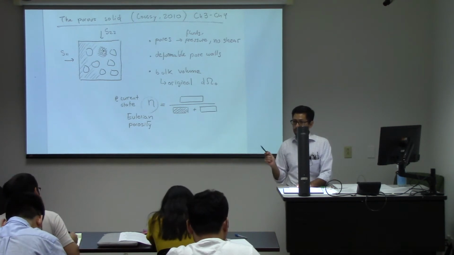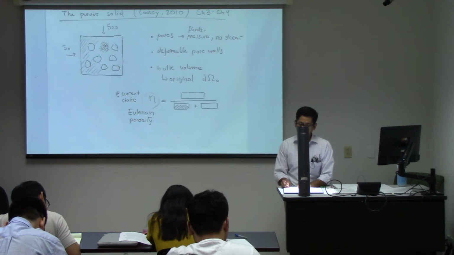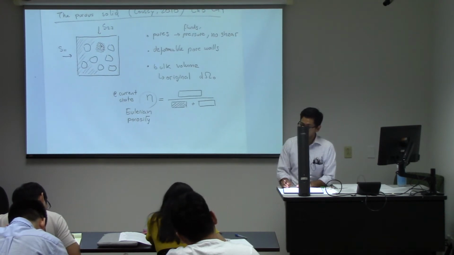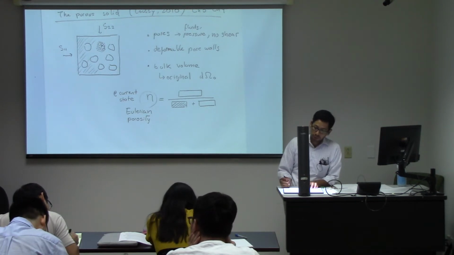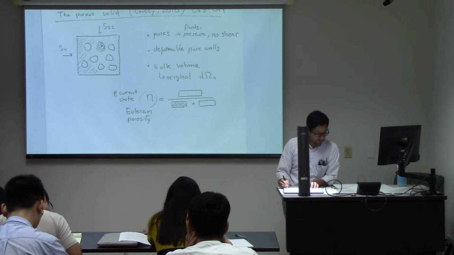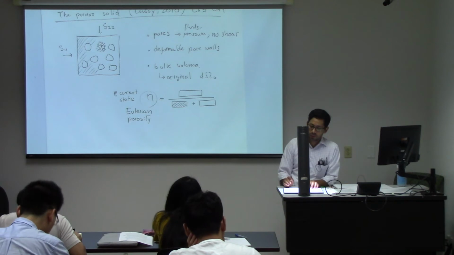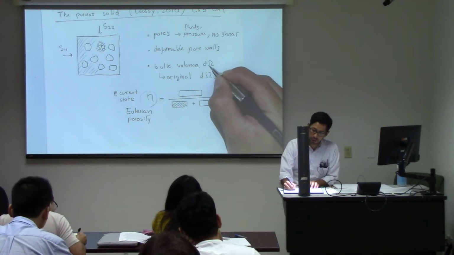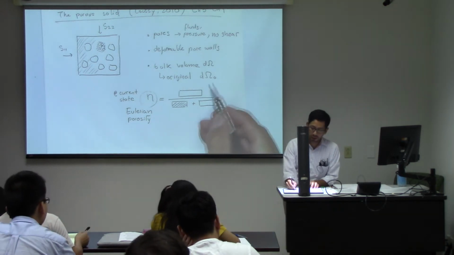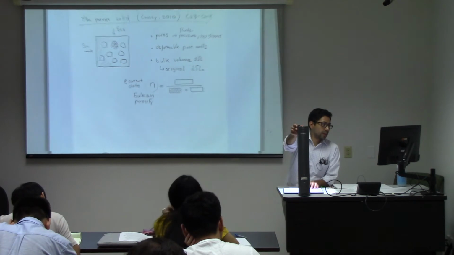However, we're not going to use that porosity because it's going to be more convenient to our formulation to utilize another porosity, okay? If I wanted to compute the pore volume, where the bulk volume is this and the original is that one, at the current state, what should I write?